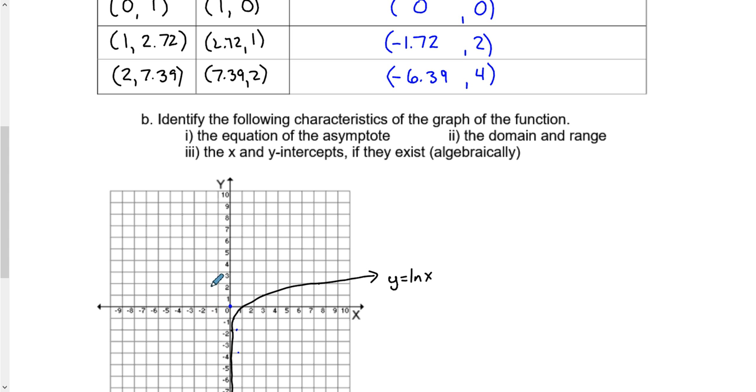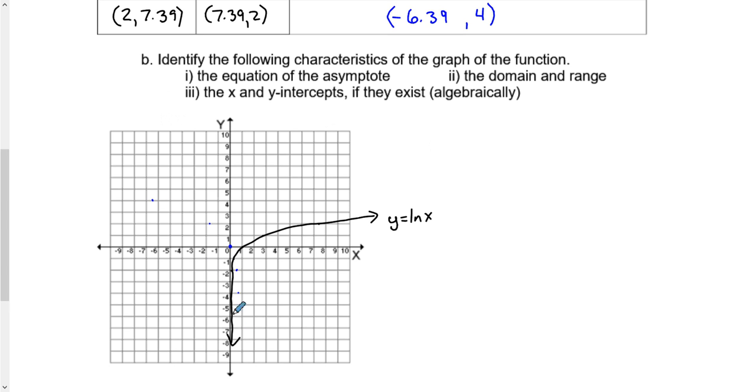Negative 1.722, negative 6.394. So this graph looks definitely a little bit different. If we connect our dots here, the graph looks like that.